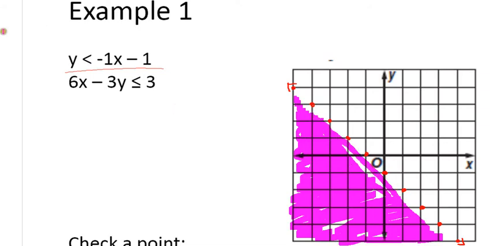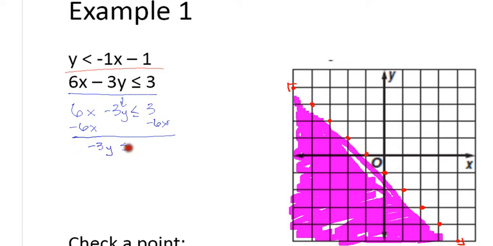Now I'm going to graph this second inequality, but I see that this isn't in slope-intercept form, so I'm going to change that really quickly by solving for y. I subtract 6x from both sides. That leaves me negative 3y is less than or equal to negative 6x plus 3.